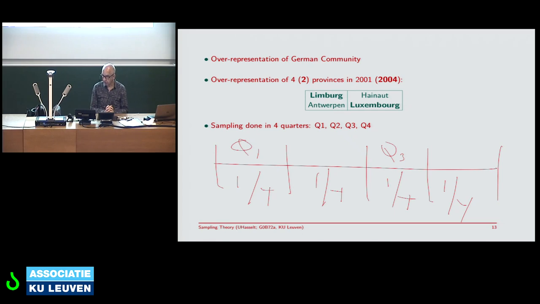Why, by the way, would Q1 and Q3 be the more difficult ones to get interviews? Well, Q1 is the first one. And especially in '97, but also in later waves, even after a few years, the health interview survey has been done 5 times. But in 2018, it's a new study.